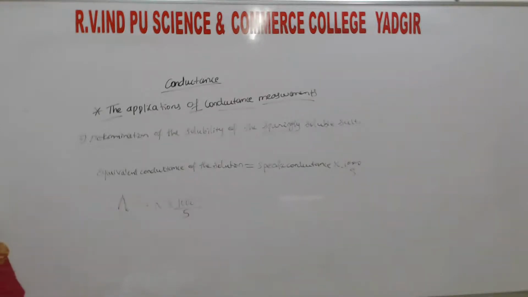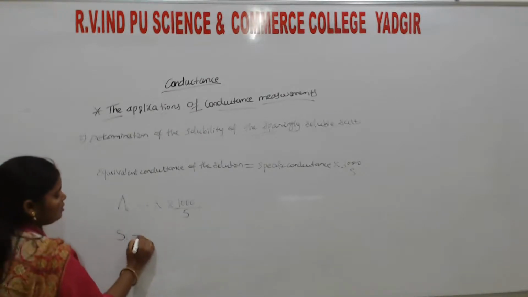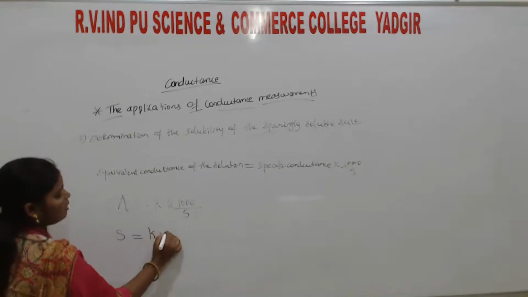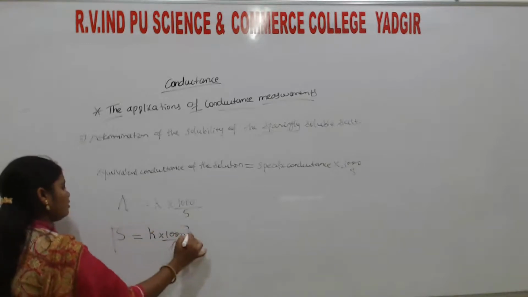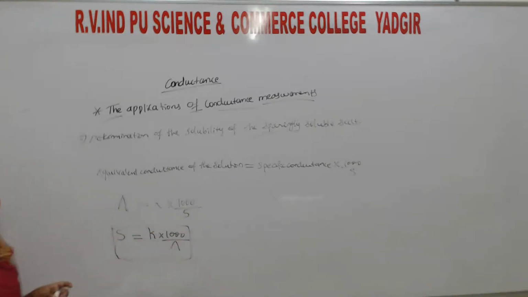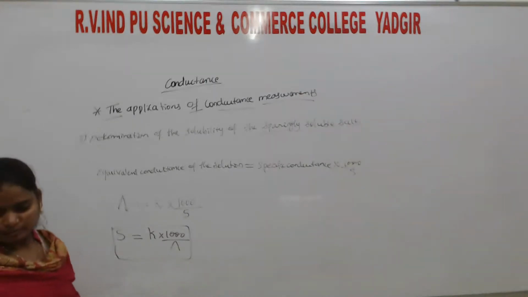Finally, you take S equal to K multiplied by 1000 divided by lambda naught. This is the formula for finding the solubility of sparingly soluble salts.